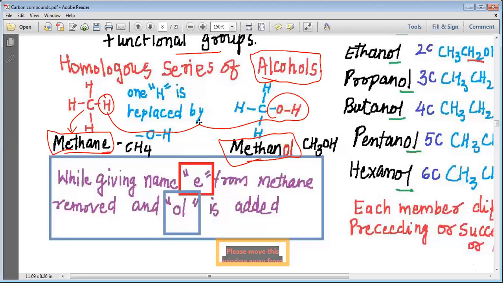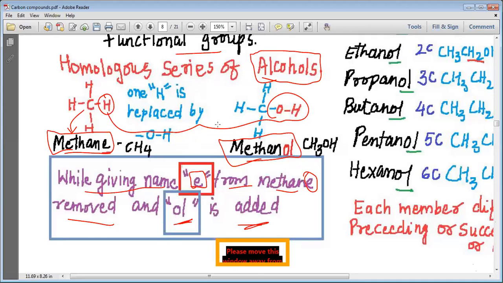Now to give their names, we can easily do one thing: while giving the name, the E which was present in the alkane, methane, is removed and the suffix "ol" is added.